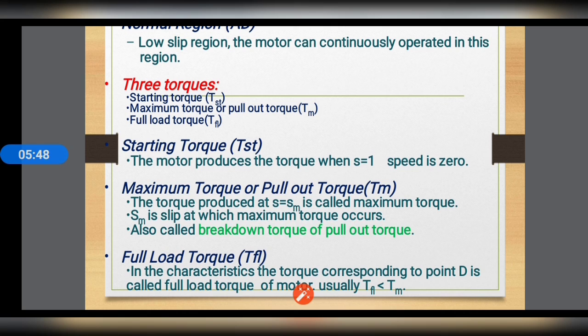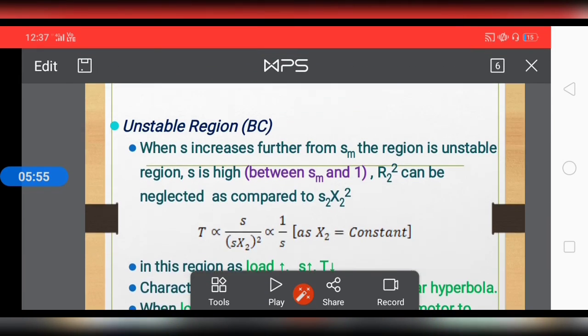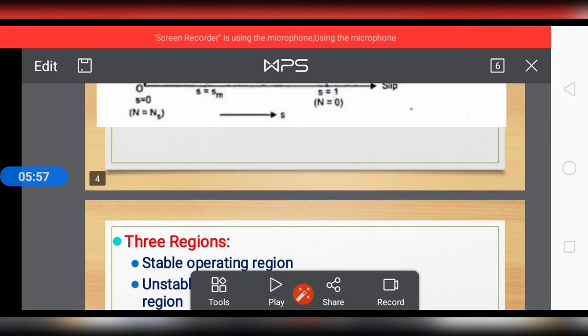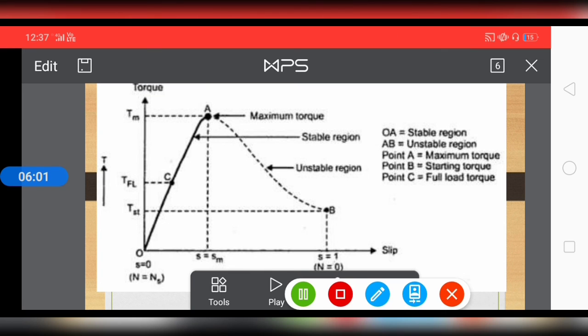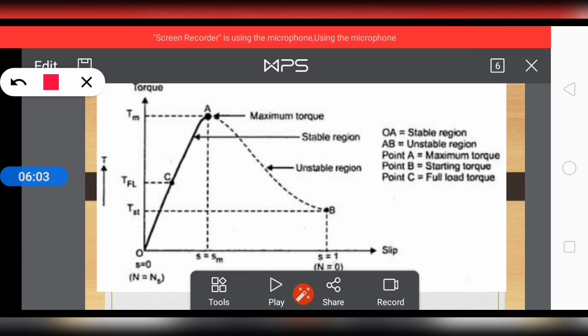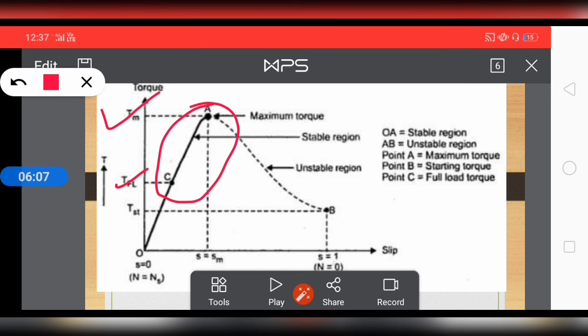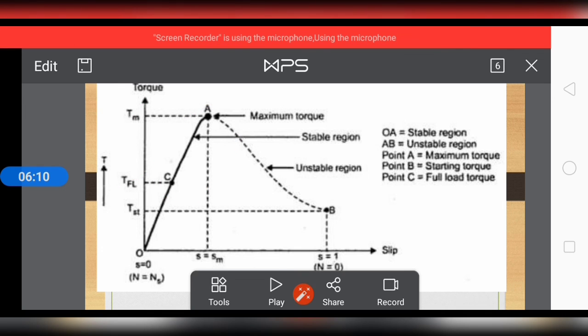Maximum torque, or breakdown torque, is when s equals Sm, and the full load torque is the value where the machine operates. These are the two torques, TFL and TM. TFL is always less than TM.